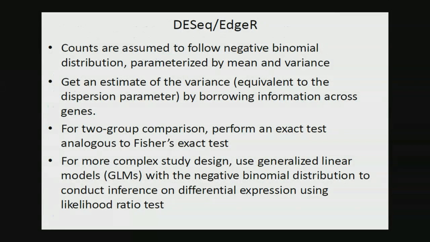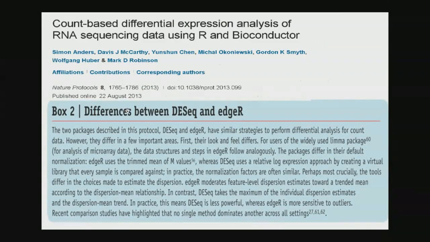So yeah, today's lecture is more like a technical thing. And this is one paper comparing these packages and also Limma. So a quick summary would be Limma was developed first for microarray, and it assumes a Gaussian distribution after a log transform of the expression values.